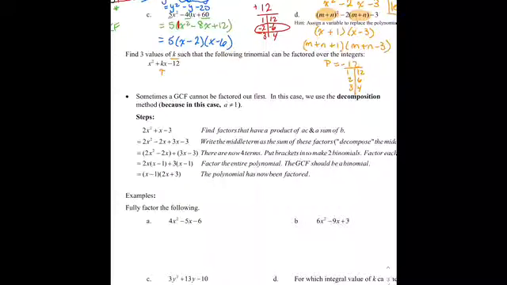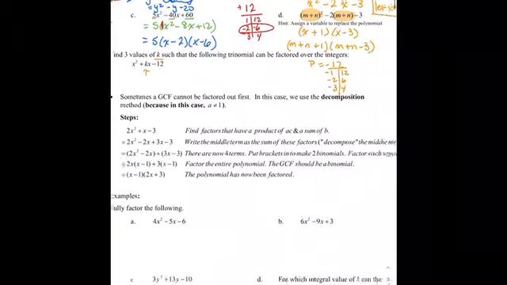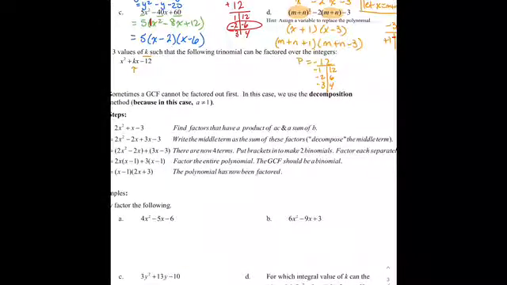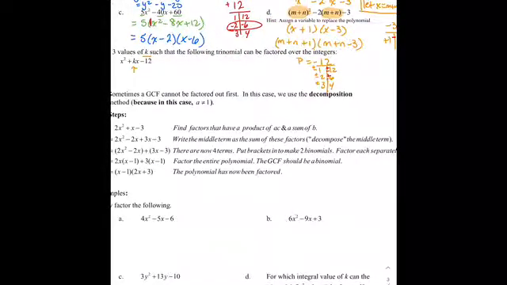Of course, if I need a product of negative 12, one of these terms has to be negative. It doesn't matter which one. So one of them would have to be positive and one would have to be negative.